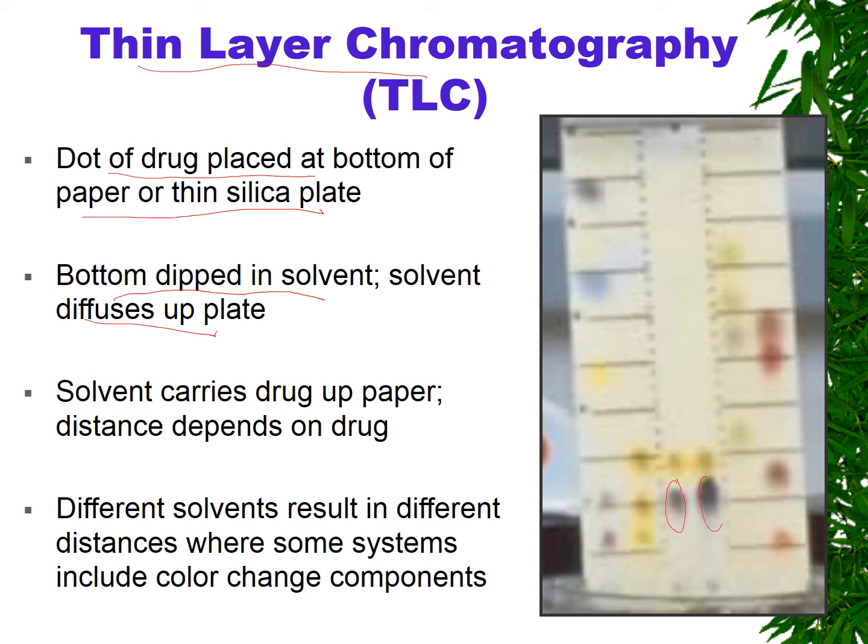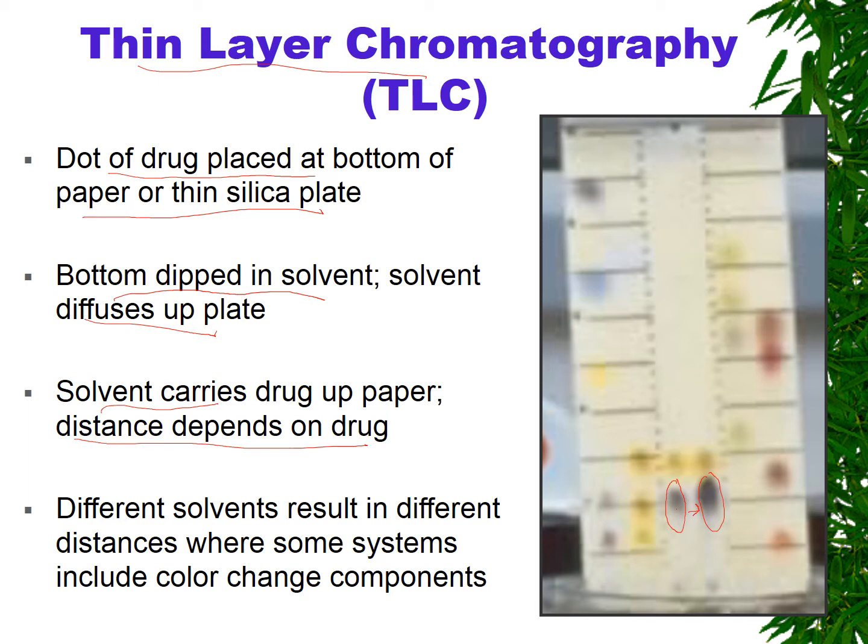Melebar dia kan. So bila dia dah diffuse, the solvent carries the drug up the paper, and the distance depends on the drug. So distance dia diffuse tu, berapa panjang dia punya diffuse tu, macam ni daripada sini pergi ke sini kan.